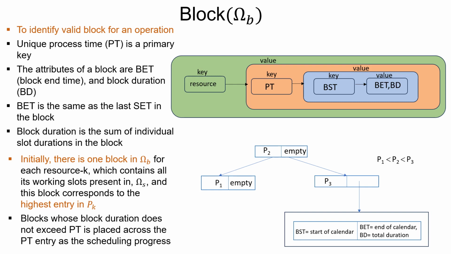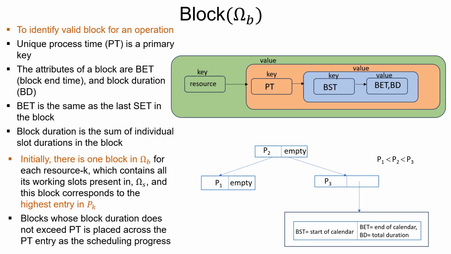Initially there is only one block, which we store across the highest processing time, and as the scheduling progresses, whenever the quantity of the resource is 0, we split these blocks, and based on the block duration we place the blocks across different processing times.